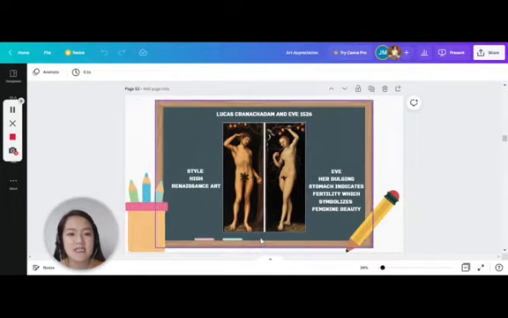In the next slides, we would see pictures or paintings that would emphasize women's capability of giving birth and their body shape. The first one we have is Adam and Eve, 1526.